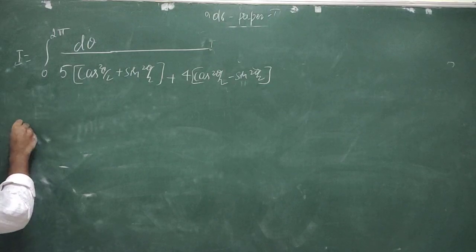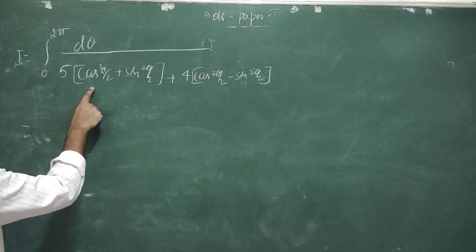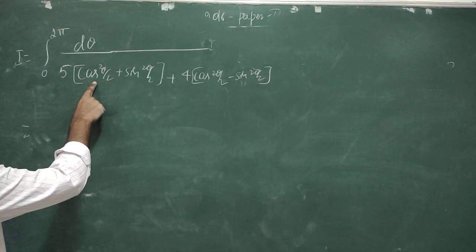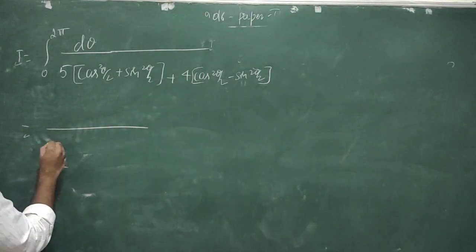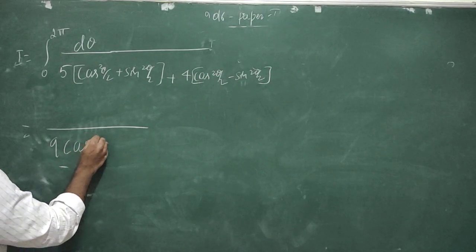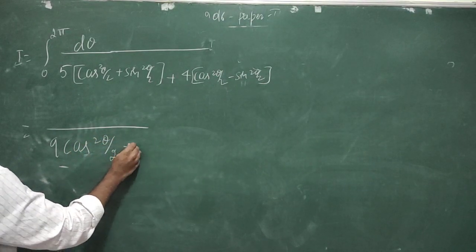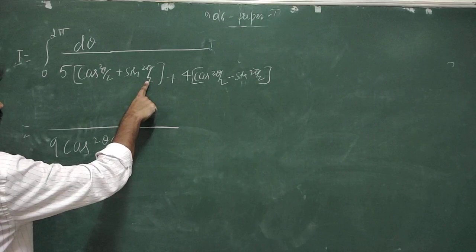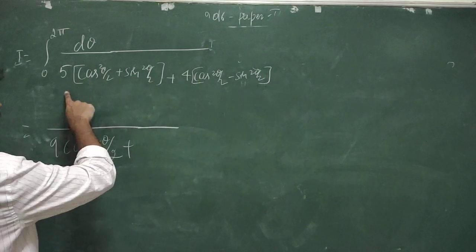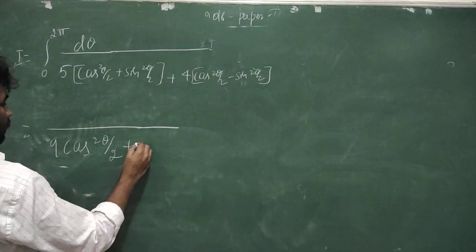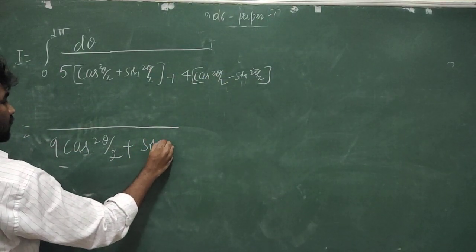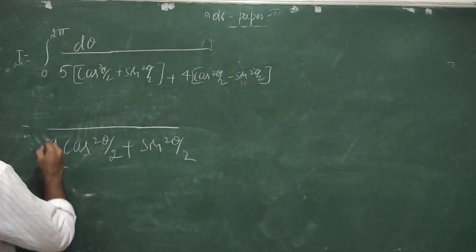Next step, after simplifying: 5 cos square theta by 2 plus 4 cos square theta by 2 is 9 cos square theta by 2, and 5 sin square theta by 2 minus 4 sin square theta by 2 is only sin square theta by 2.